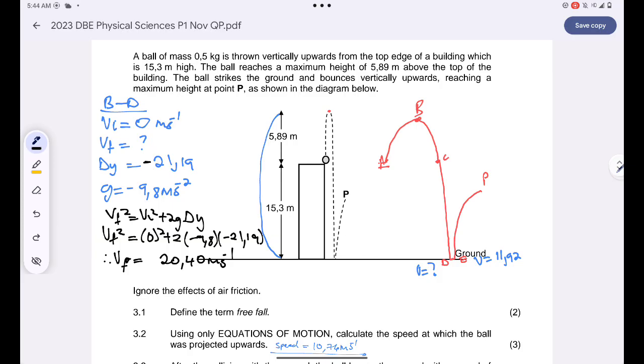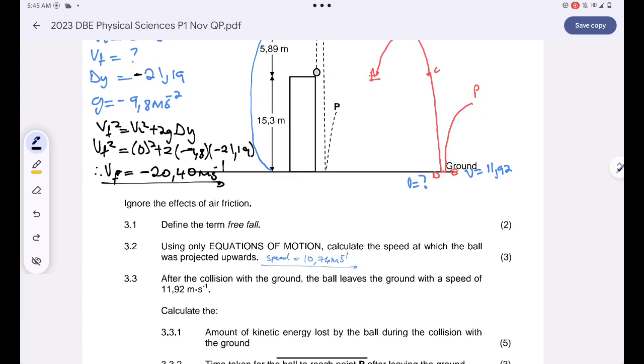But remember that, guys, whenever you put everything under a square root, you'll get two sets of answers. Your right hand side should say plus or minus. Since we know that our ball was moving downwards, the velocity of the ball at position D is negative 20.40 meters per second.